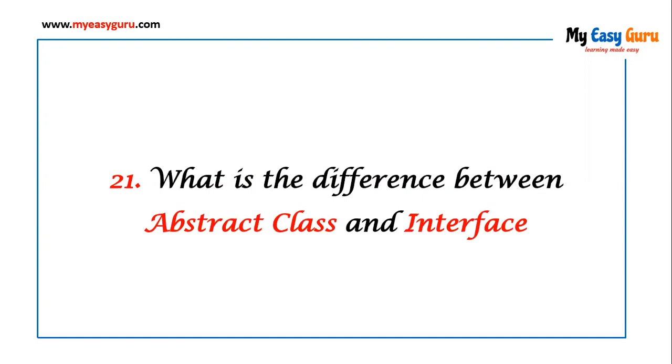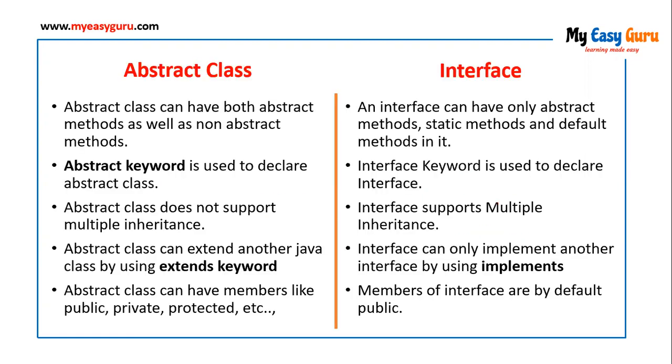The first question is, what is the difference between abstract class and interface? The abstract class can have both abstract methods as well as non-abstract methods, while an interface can have only abstract methods, static methods, and default methods in it.